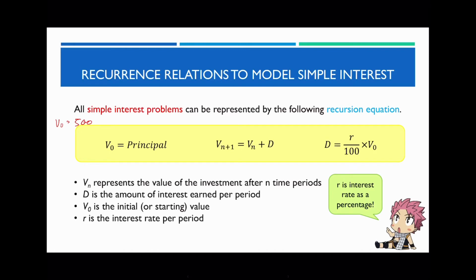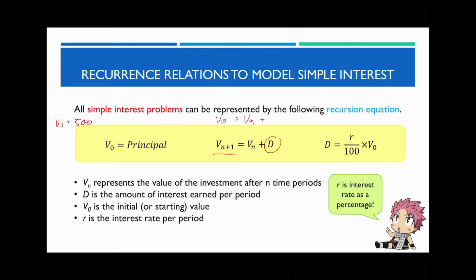Now, this term over here represents your final balance after this year or so. For instance, if you wanted to find your final balance after, let's say, 10 years, you need to know the amount that you had in the 9th year and add the interest that's earned or charged.